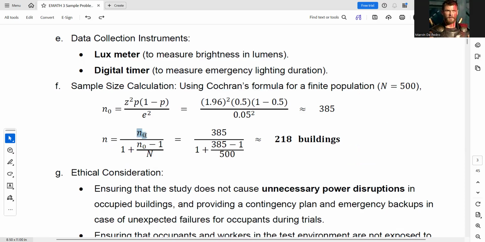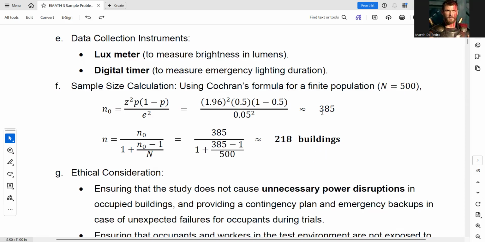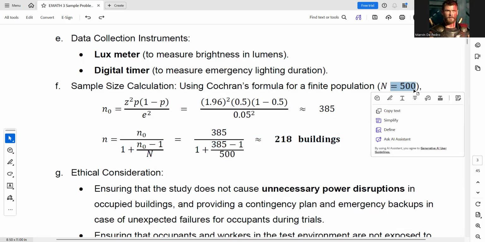So we have n0 as our computed sample size, and then we have the capital N as the finite population. Okay, so substitute, and then we come up with 218 buildings only instead of 385. Okay, so we can only reduce the required sample size if we know the population size, and which is finite.